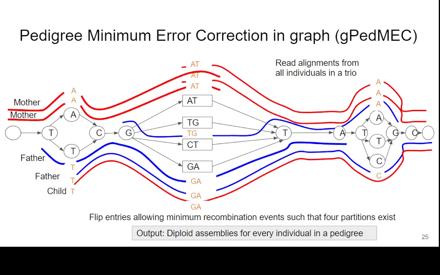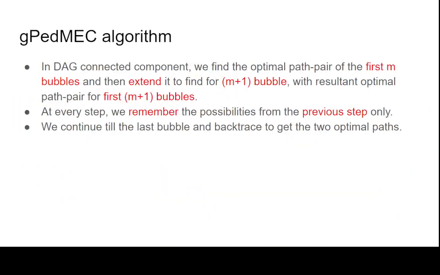We solved this again with a dynamic programming based method, which is again based on the WhatsHap algorithm. Essentially, in that connected component, we first find the optimal path pair for m bubbles, and then we extend it to m plus 1 bubbles. So at any stage, the m plus 1 bubble is conditioned on the first m bubbles.